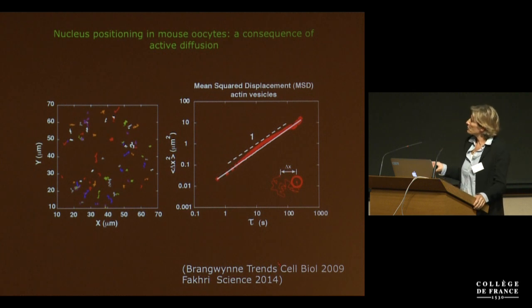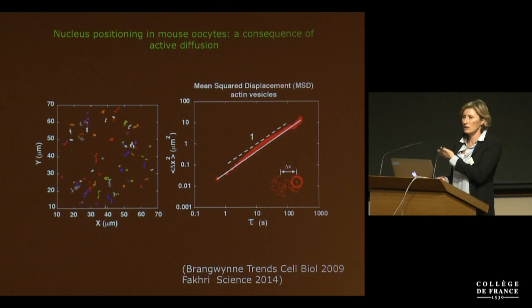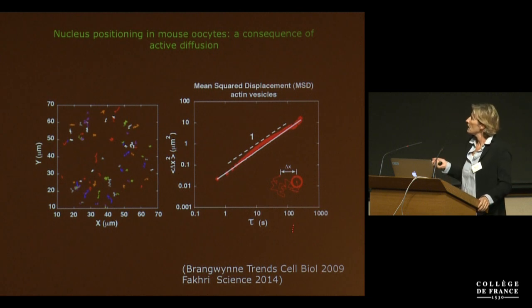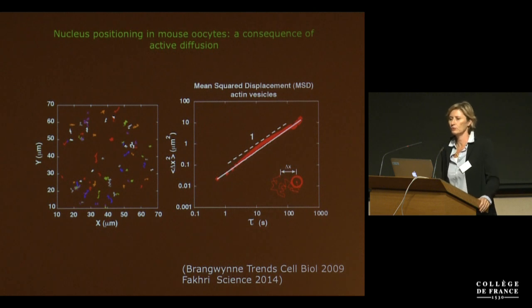But it has been proposed by Clifford Brangwynne and David Weitz that in a viscoelastic environment, such as the oocyte cytoplasm as we have measured using our optical tweezers, this kind of motion, which is propelled by molecular motors, which looks like diffusion, could be defined as active diffusion.